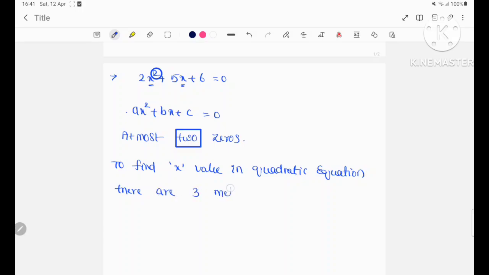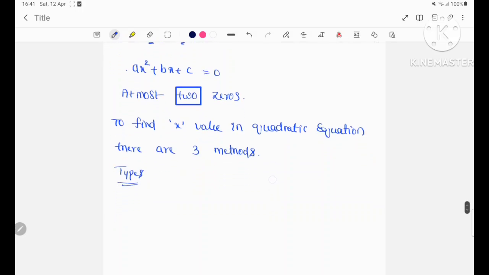We are going to find the x value by using 3 methods. The first method is the factorization method.